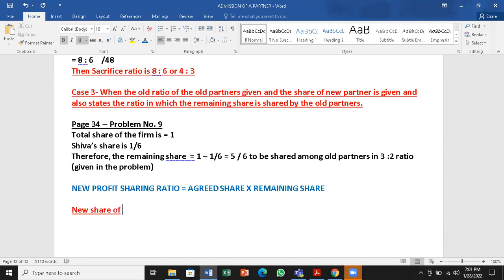New share of Ravi is equal to the agreed share, 3/5, multiplied by the remaining share 5/6.